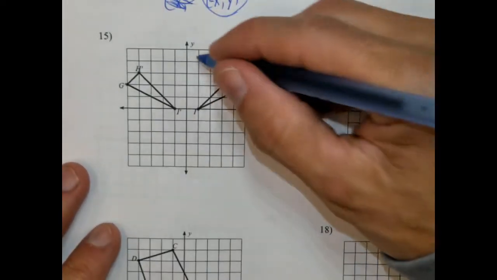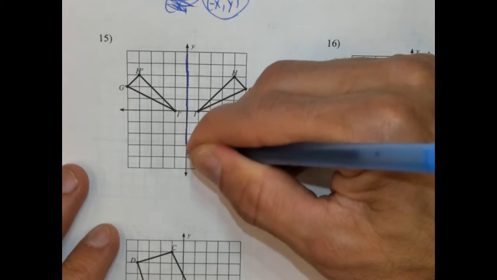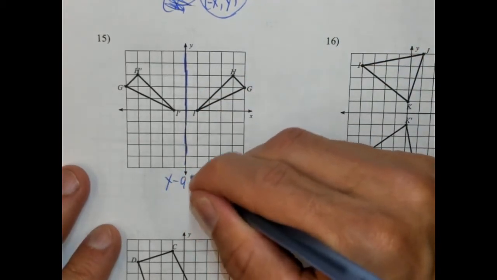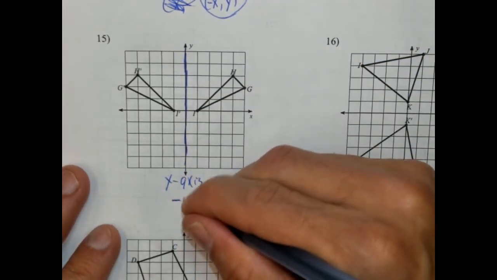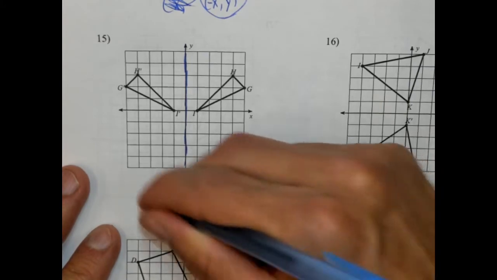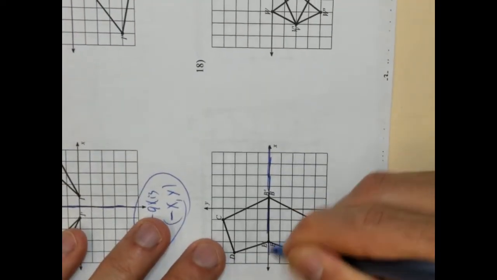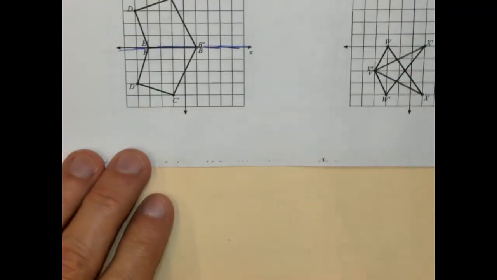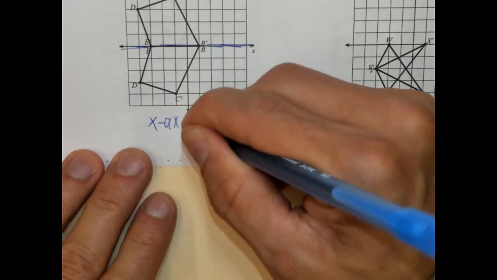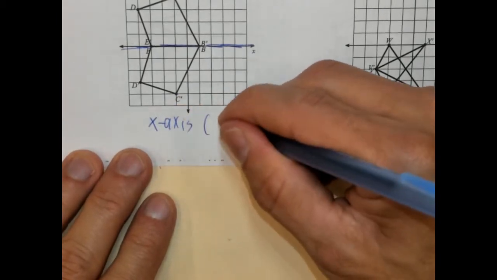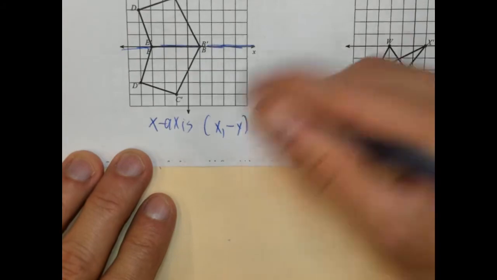Here, it's going to be the exact same thing. It's the y-axis. So y-axis. And that means the x is changing value, the y is staying the same. This one's going to be the x-axis. So x-axis. And that means the y is going to change signs.